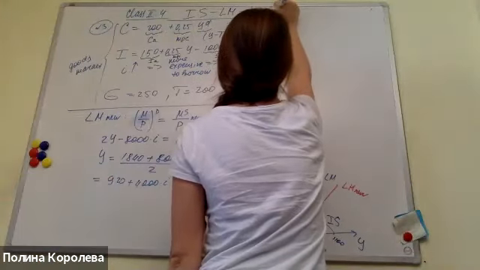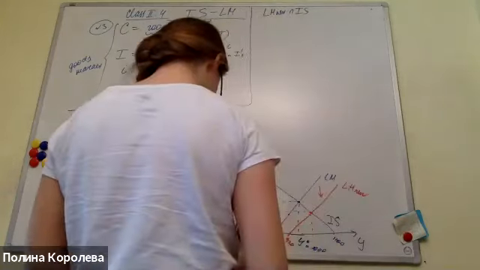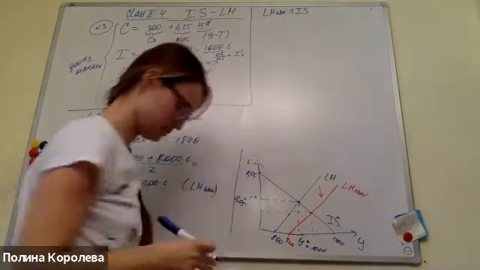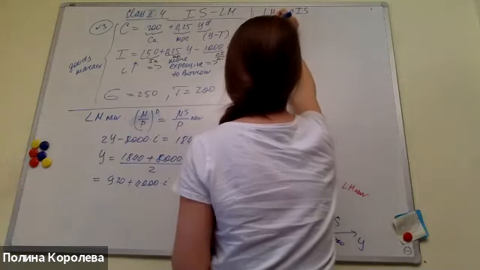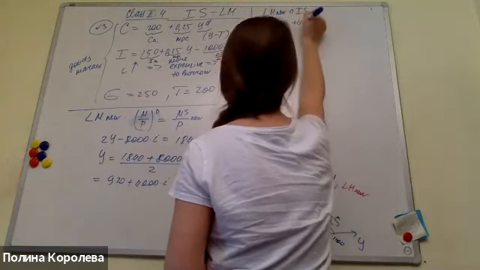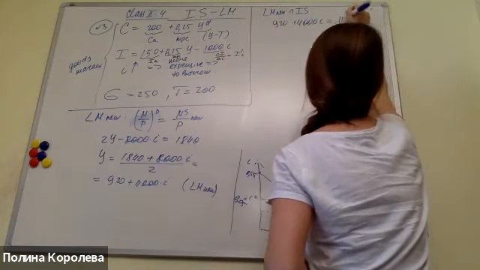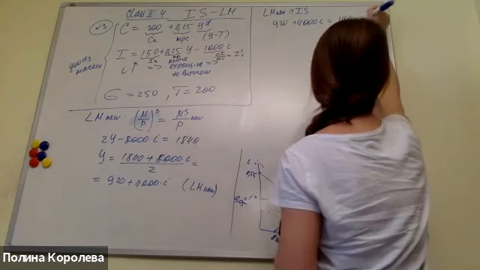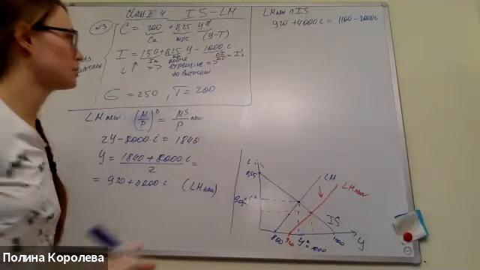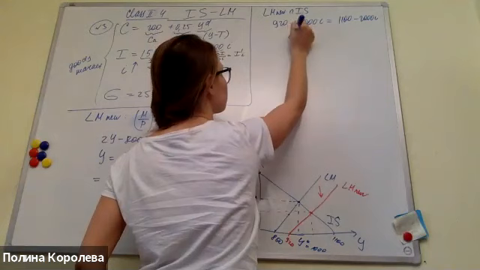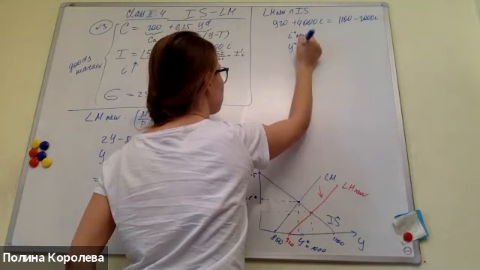Now let's cross the new LM with the old IS. New LM is 920 plus 4,000 I. Old IS was 1,100 minus 2,000 I. From here, we will find the new interest rate, and then the new GDP.